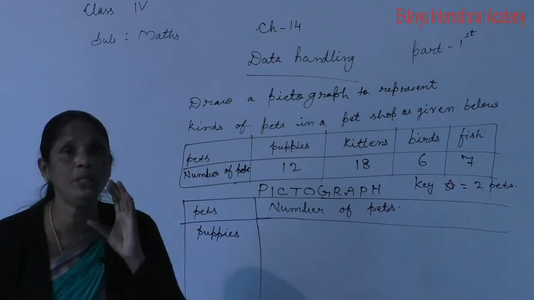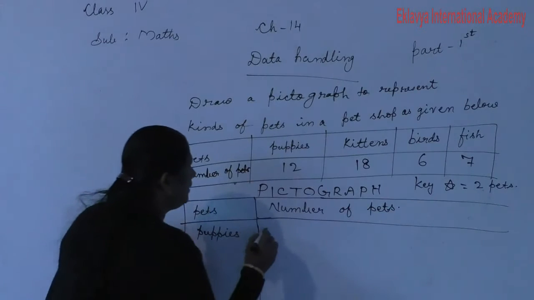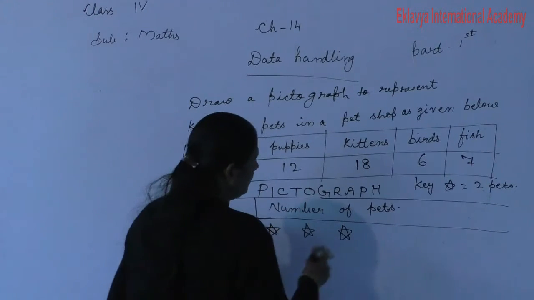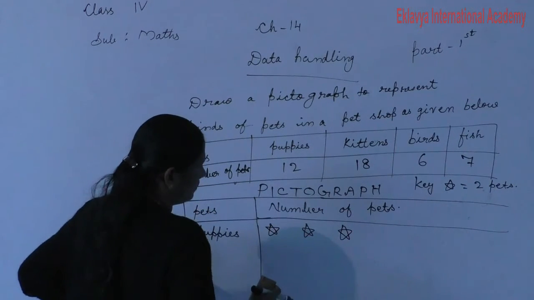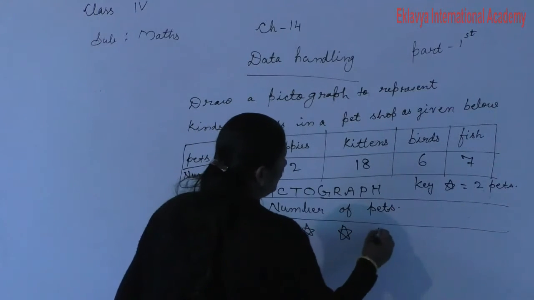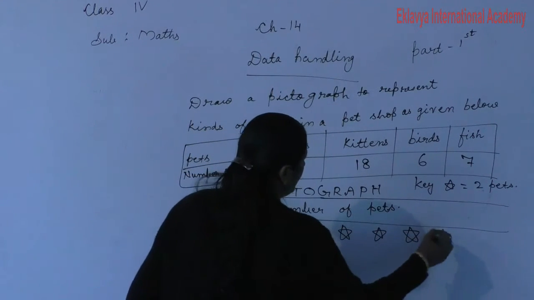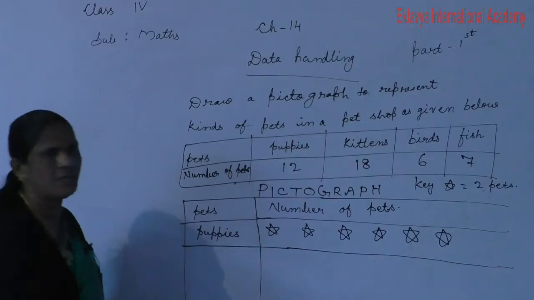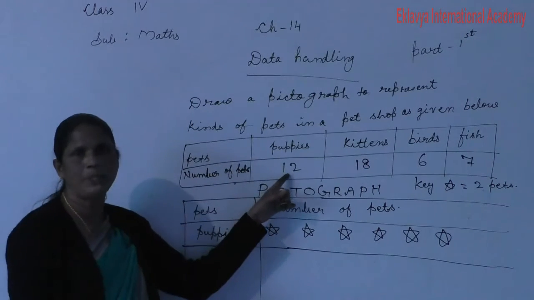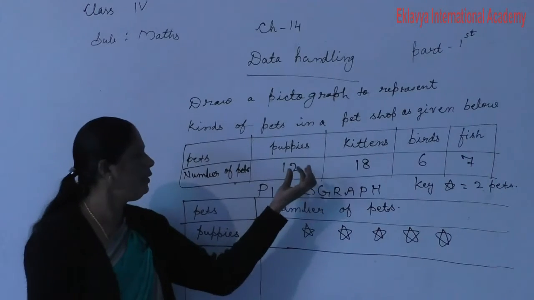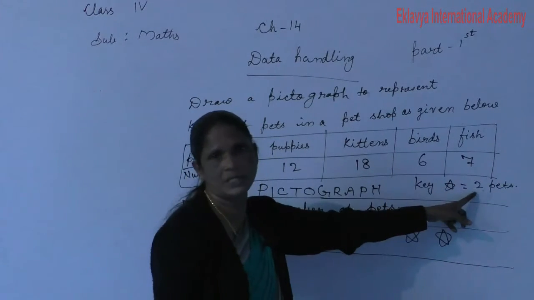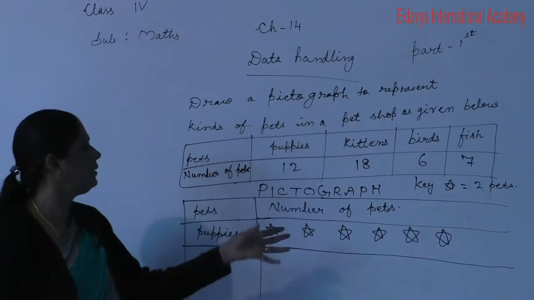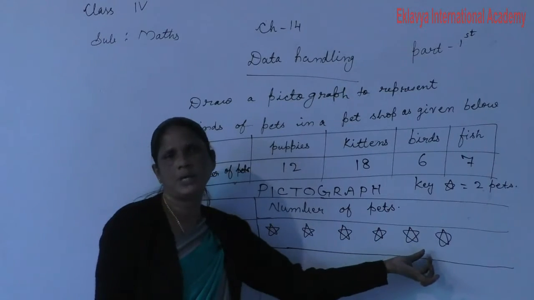Therefore we draw 6 stars: 1, 2, 3, 4, 5, 6. You draw these in scale. Understand? 12 divided by the key 2, you get 6.